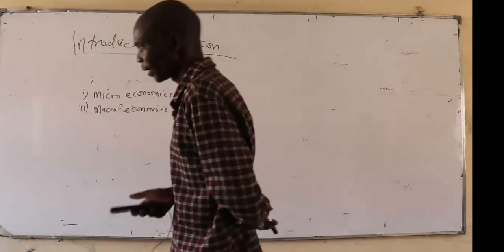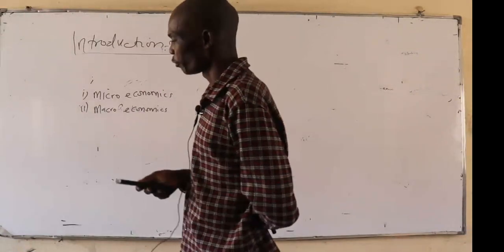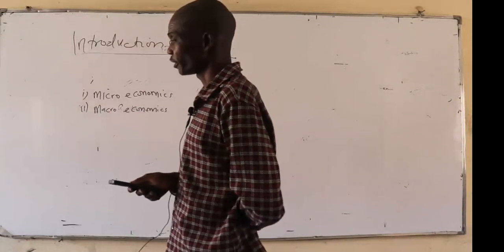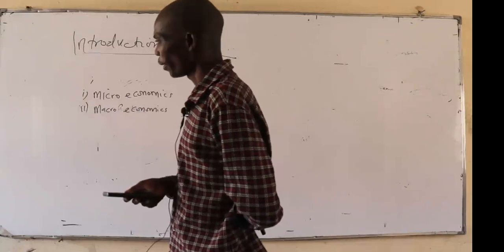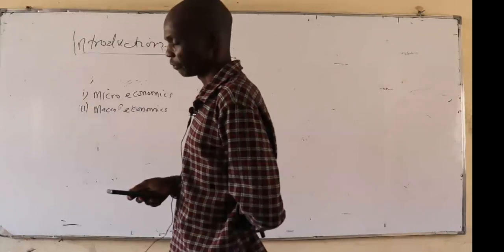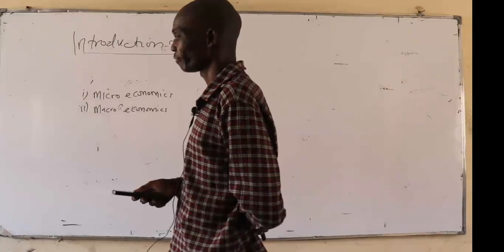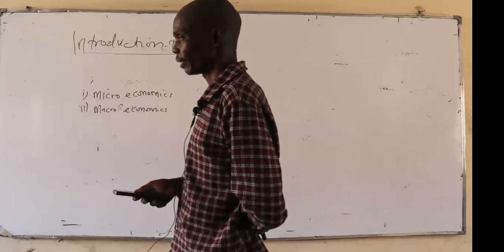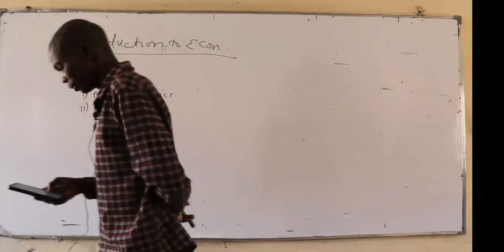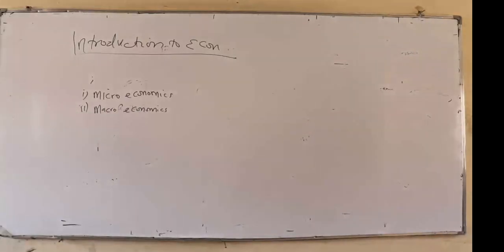So that we don't end up producing goods or services where there are no buyers for the same. If that is the case, then we find ourselves going into severe losses. So those are the three fundamental economic questions, and they are just about allocation of resources.